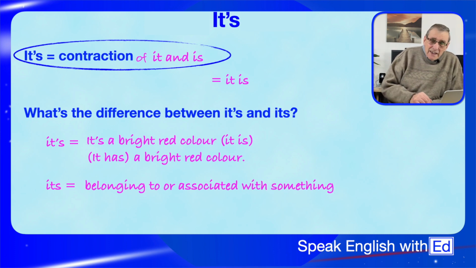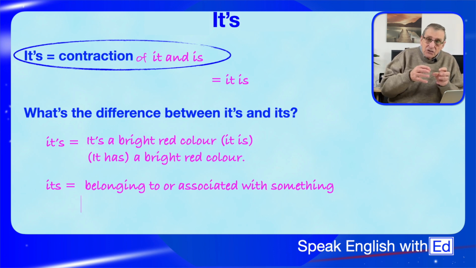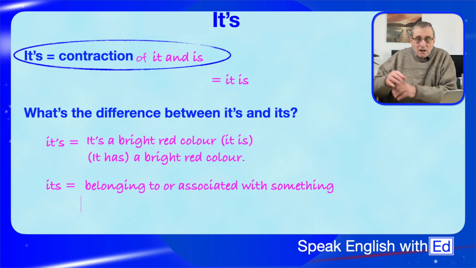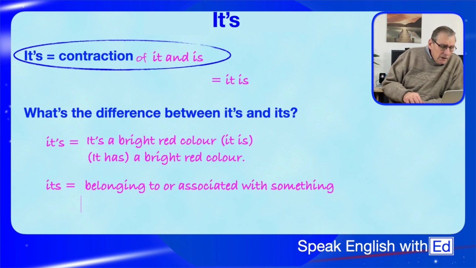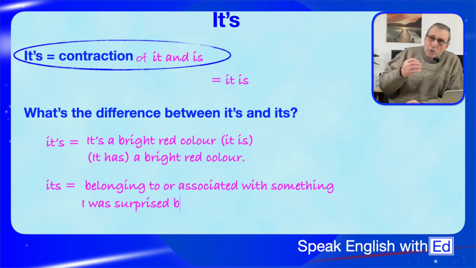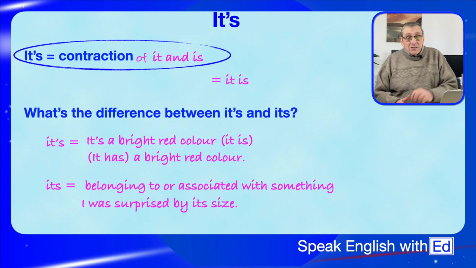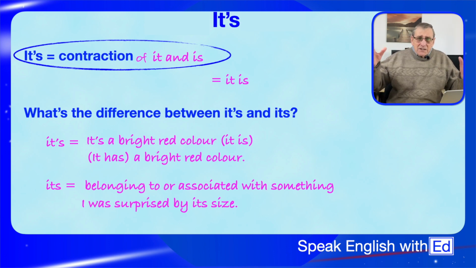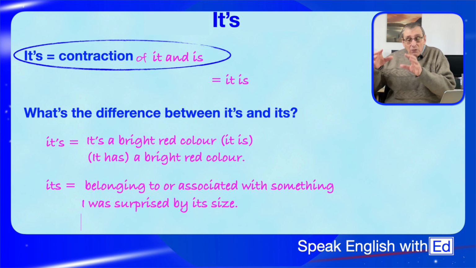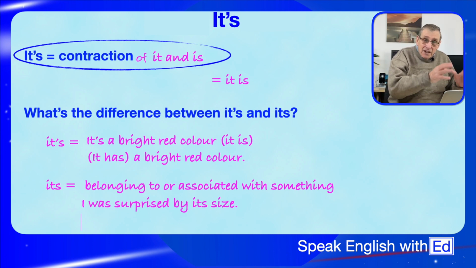So when we say "its" without the apostrophe, we mean belonging to or associated with something. So we would say, "I was surprised by its size." I can say of the tiger, "oh, I was surprised by its size, they're so big." I'm talking about the size of the tiger.